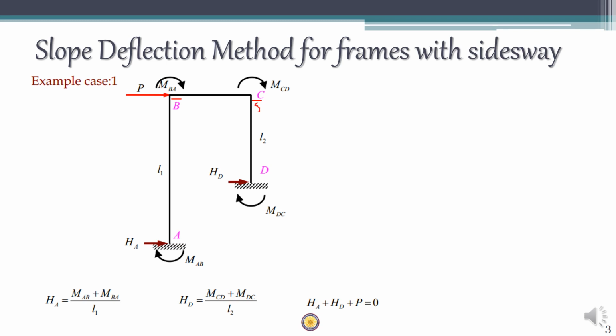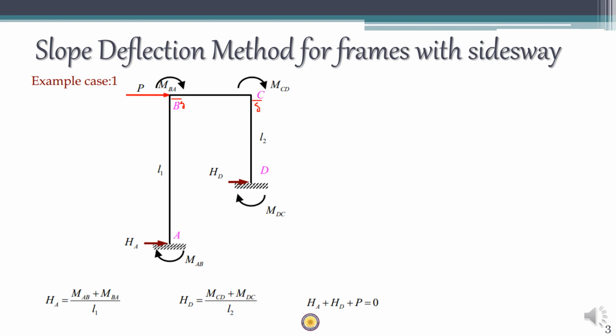Whenever we take this side sway in our slope deflection equation, it can be taken as support settlement for the vertical members. So the term delta in our slope deflection method is nothing but the side sway for all the vertical members. Clear?